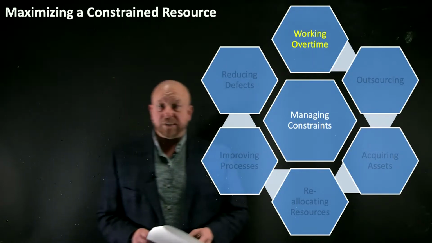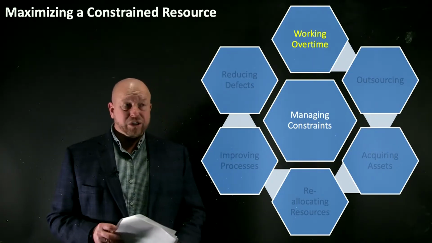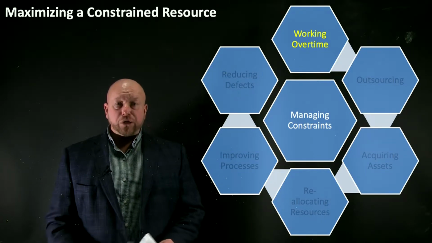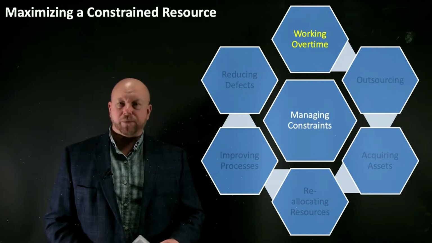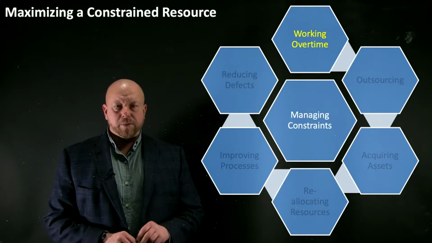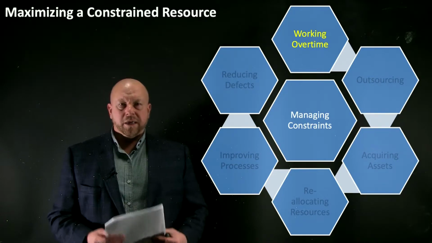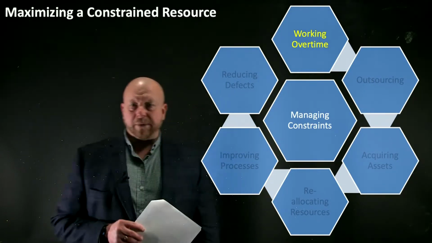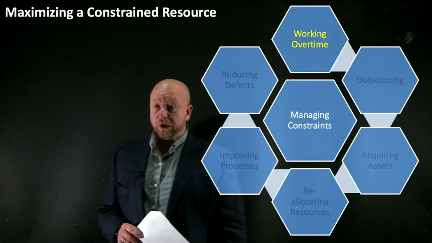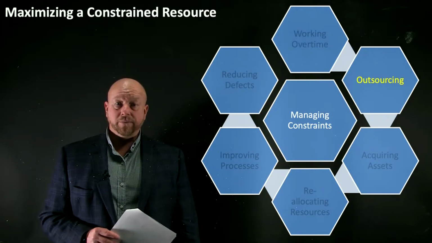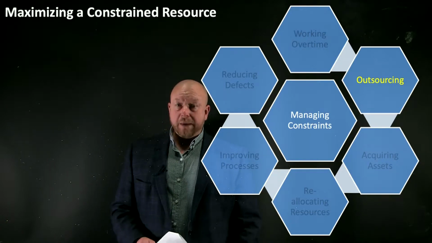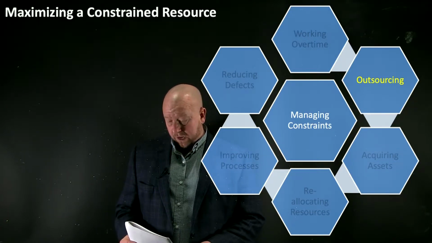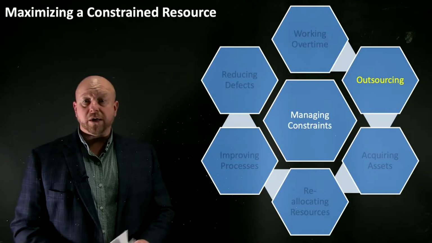One of the options is simply working overtime. Additional labor hours certainly could fix the problem, at least temporarily. You might want to look at a more permanent solution that might be less expensive than labor at time and a half, but sometimes just working the extra hours will get the job done. Outsourcing. Maybe we outsource some of the manufacturing to another supplier.